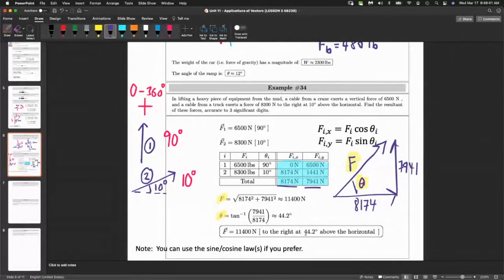And you can see that the answer is presented in a notation that makes sense to the question. In other words, in this question, there's no east and west. We have to the right and we have up. So in this case, I've written it in sort of a sentence fragment. I have to the right at 44.2 degrees above the horizon. You could also write, I think you could write, right 44.2 degrees up.